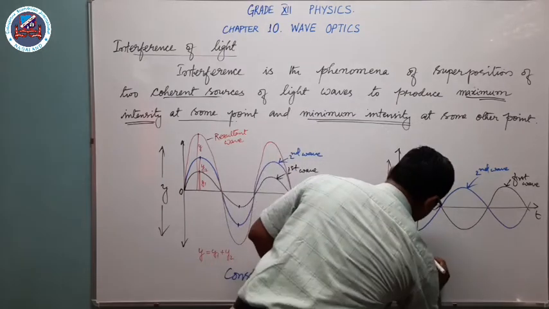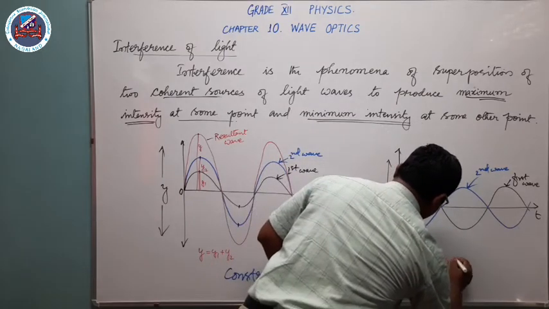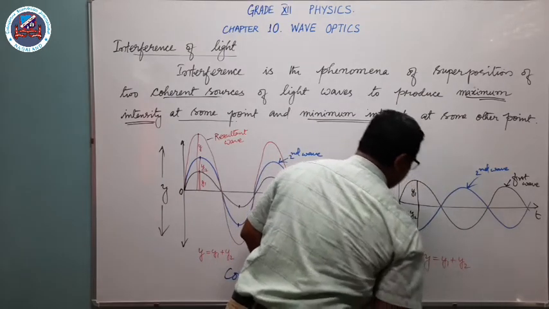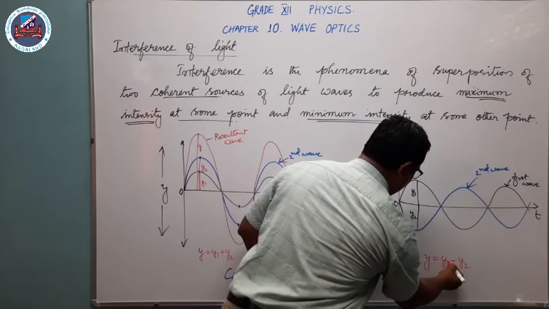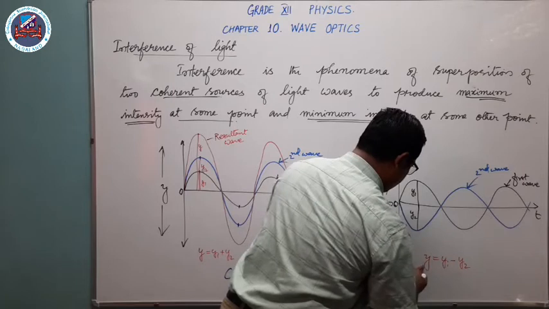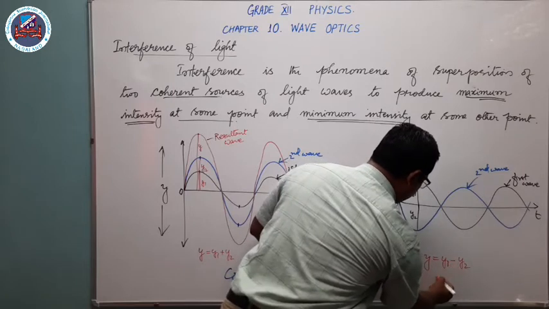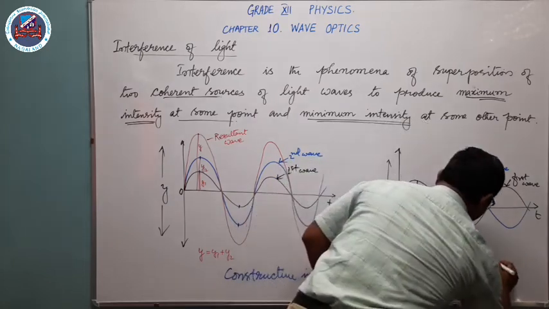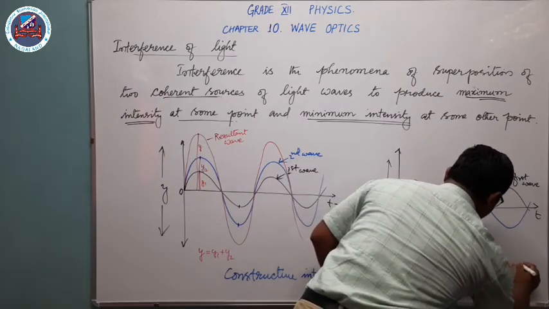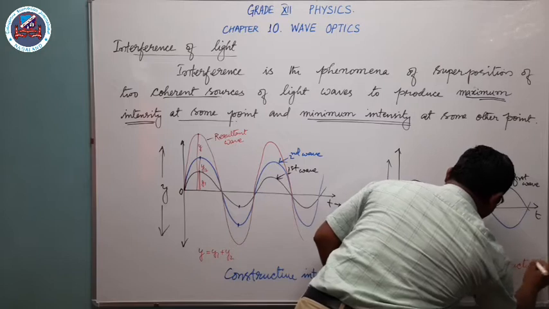Here y equal to y1 plus y2, vectorially if you write, but if y1, y2 they are in opposite phase, so if I write here minus, then it will become 0 and you will get destructive interference.